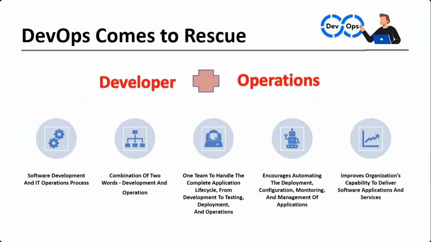It combines the roles and responsibilities of development, or Dev, and IT operations, which is the Ops team. The objective is to improve the collaboration as well as the communication between these traditionally separate teams. It involves the software development and IT operation processes, a combination of two words, development and operations, with one team handling the complete application lifecycle from development to testing and deployment and operations.